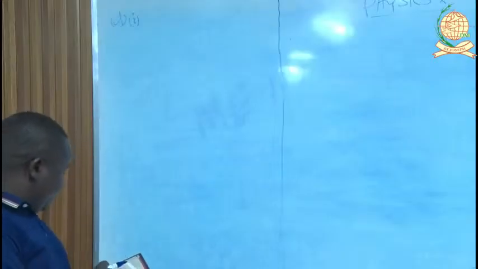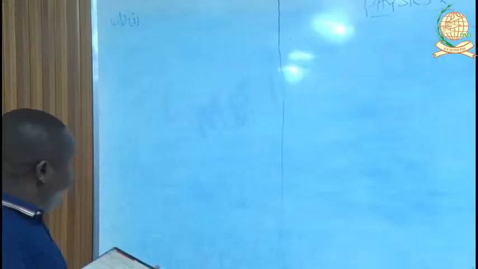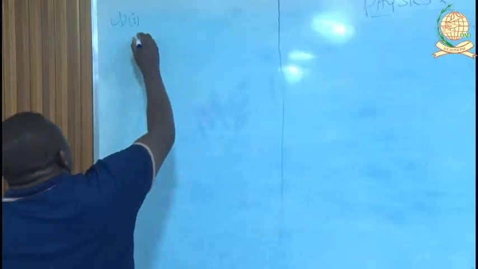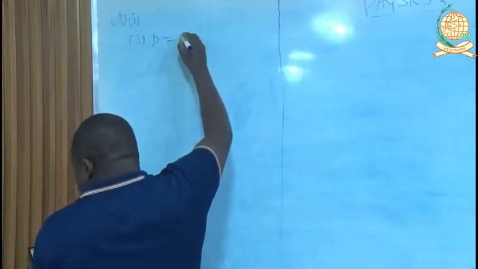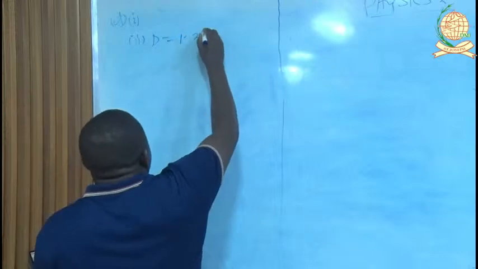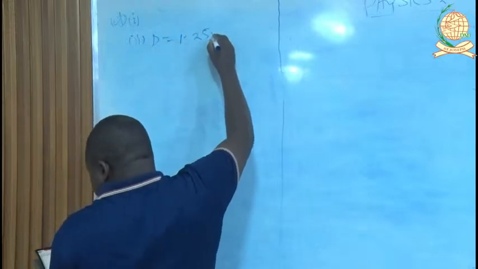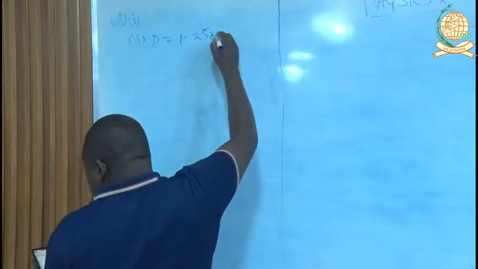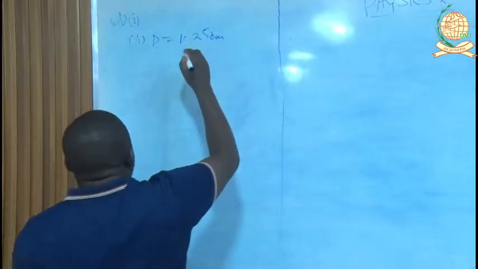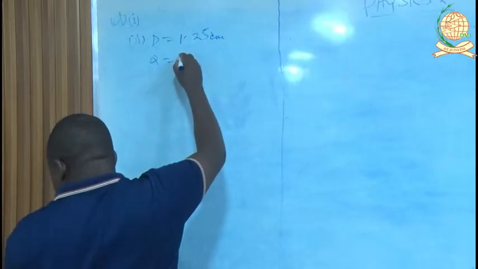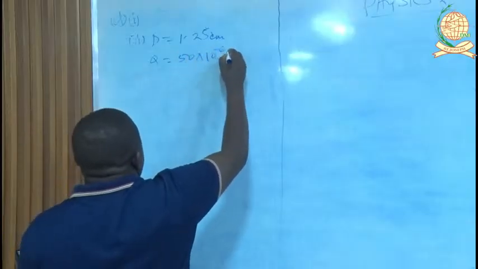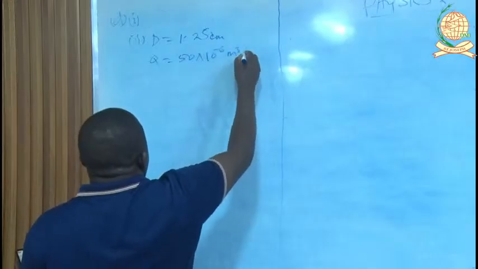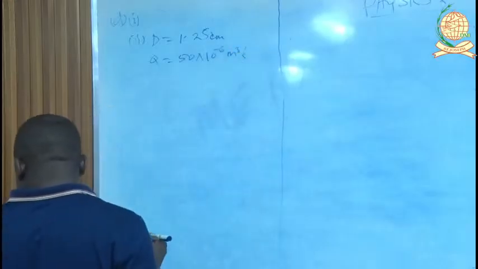Roman 2, the flow rate of water from a pipe of diameter 1.5 centimeters, and Q is 50 times 10 exponent negative 6 meter cubed per second.